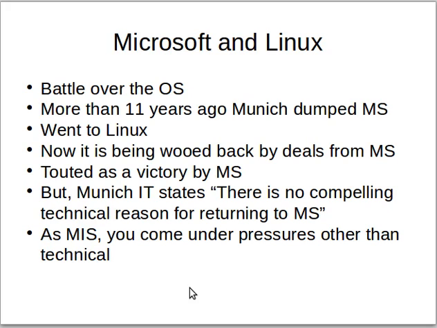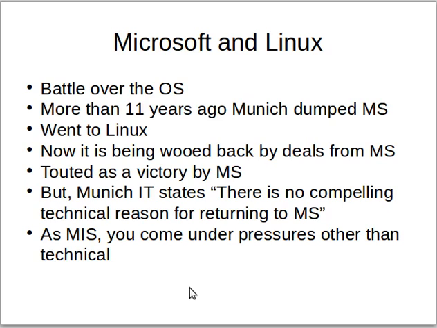Here's something that's interesting. Microsoft versus Linux. Well, back about 11, probably 12 years ago now, maybe, Munich, the Germans, had become very upset with Microsoft. They thought Microsoft wanted too much money for whatever they wanted, and they decided they would go to Linux.